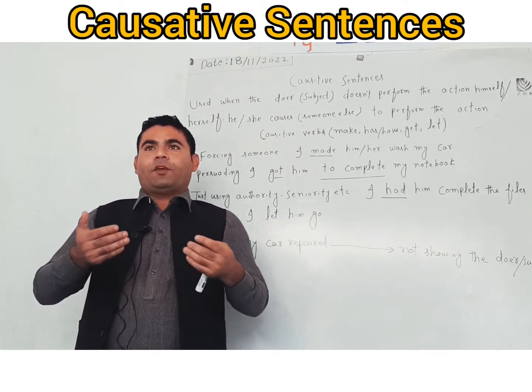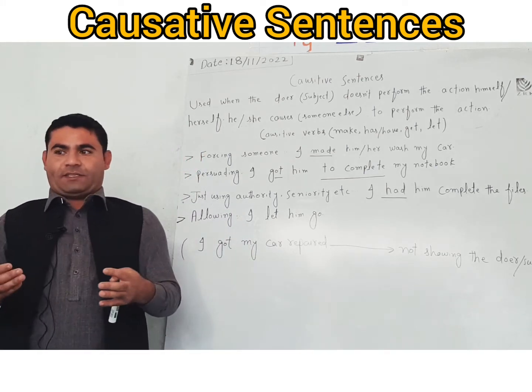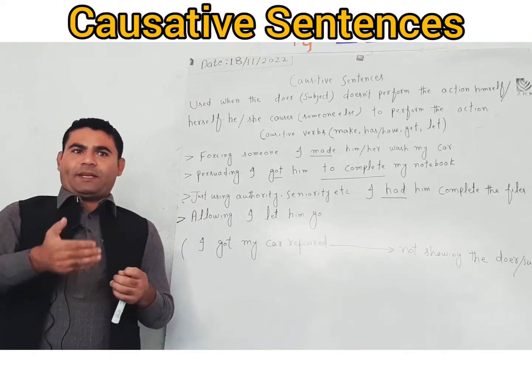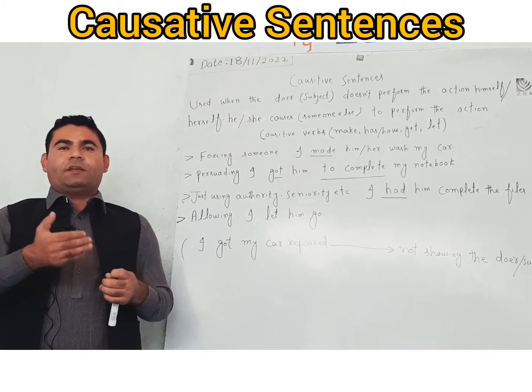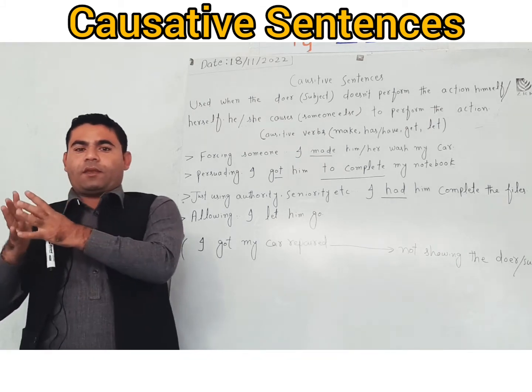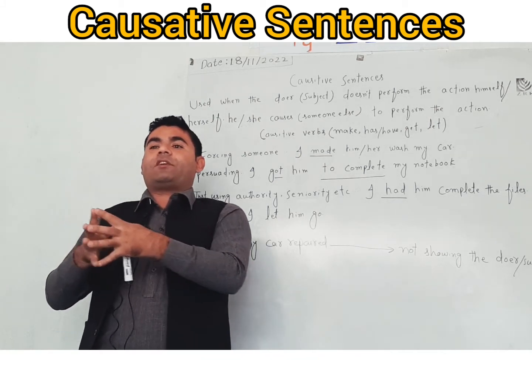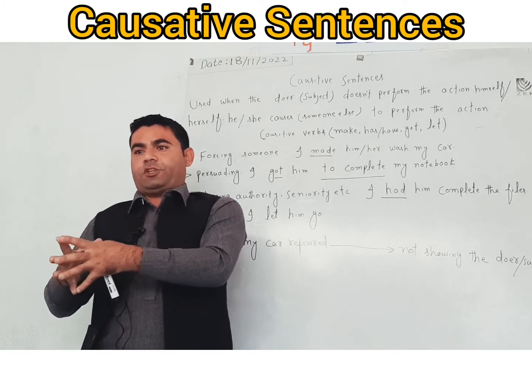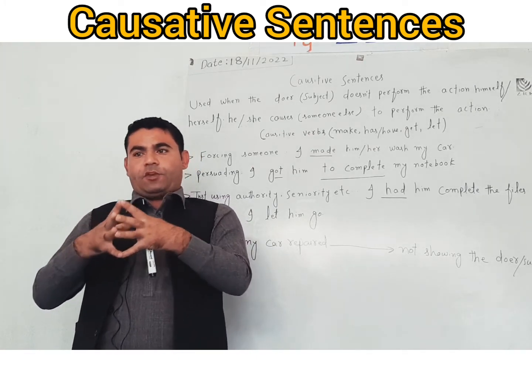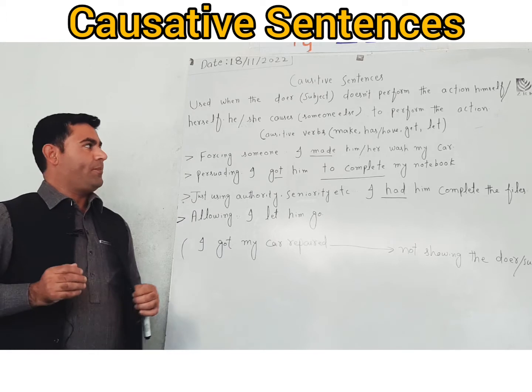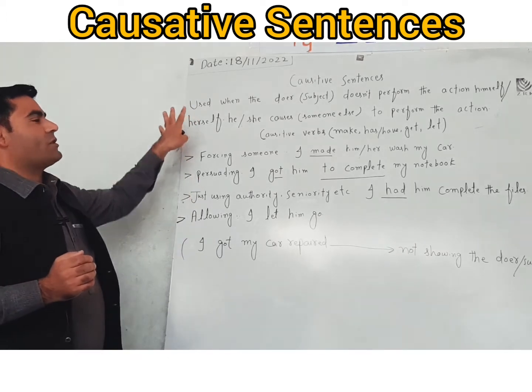So you will give your notebook to one of your friends. When he completes the notebook for you, automatically you didn't do the thing yourself. You made someone else do that thing for you, okay? In that case, you will use a causative sentence.